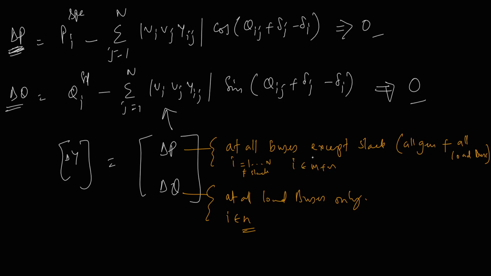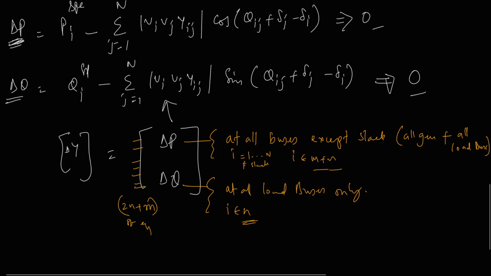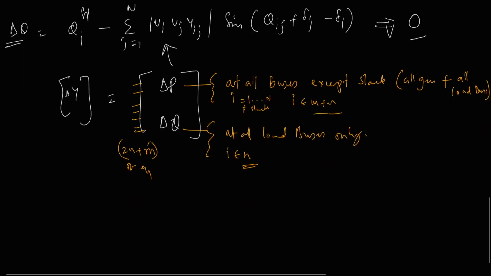Now altogether the number of rows, the number of equations, is equal to m plus n plus n, so that is 2n plus m mismatch equations.